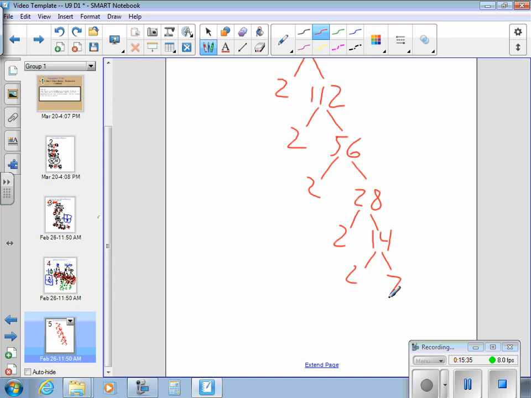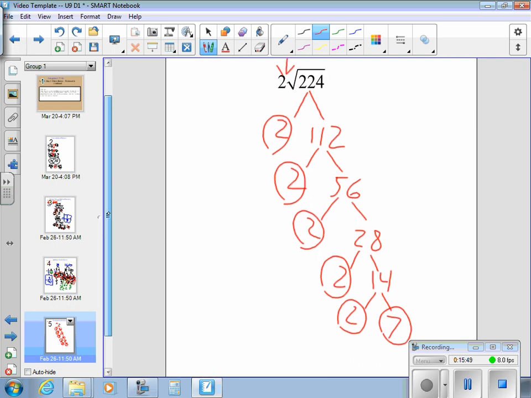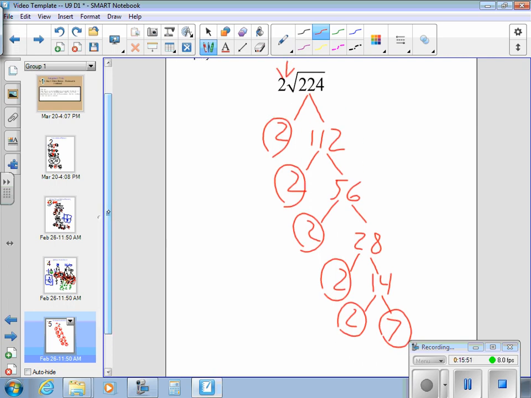And 14 divided by 2 is 7. Now let me circle all of my primes here. Okay, so now what do I have here? I have a set of 2 2's here, another set of 2 2's there, and then I have a 2 and a 7 left over.